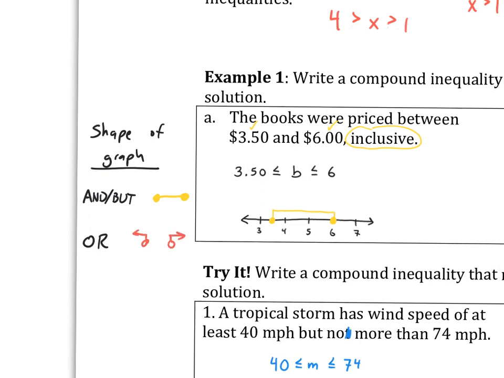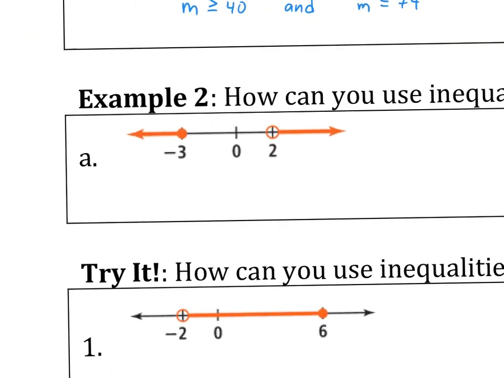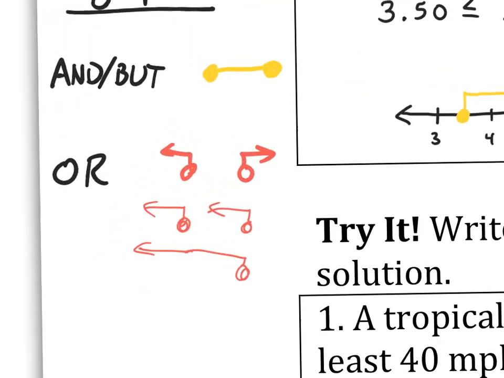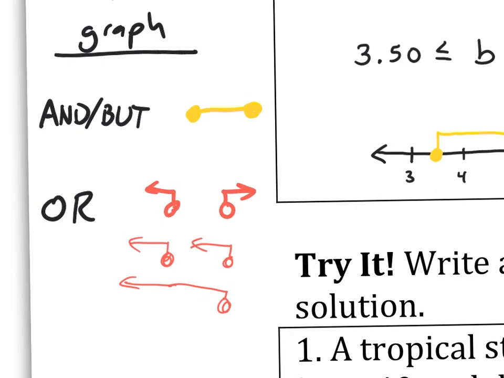So this is a good general description, not always. We will see an or situation where that's not quite a split like this. But most of the time, ands or buts will be combined like this because there's a lower limit and an upper limit. And the ors are going to be a split. Oh, it's this thing over here or this thing over here. We see a split.